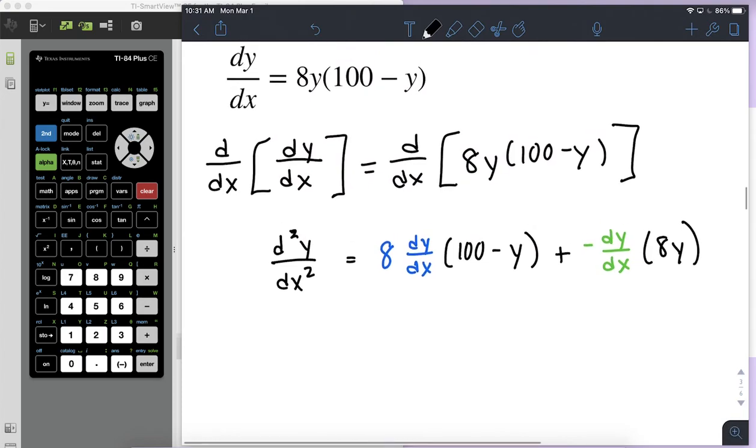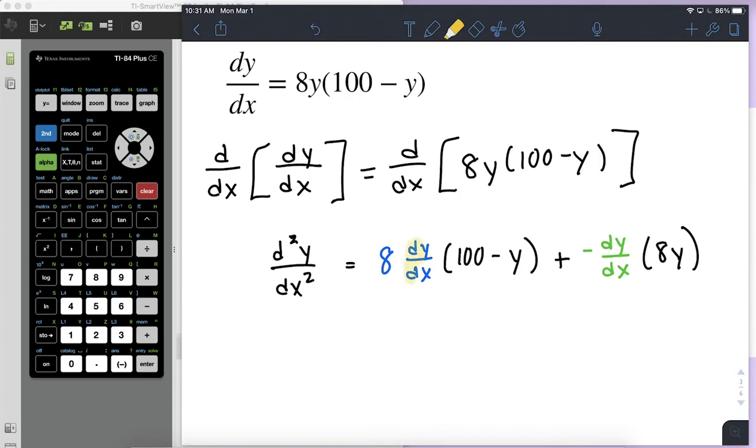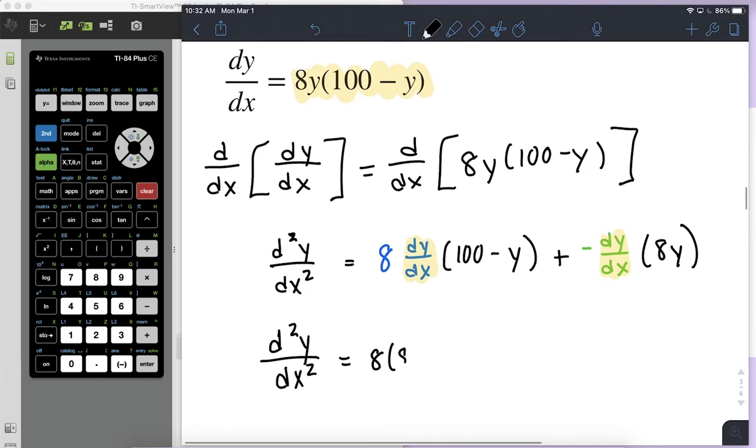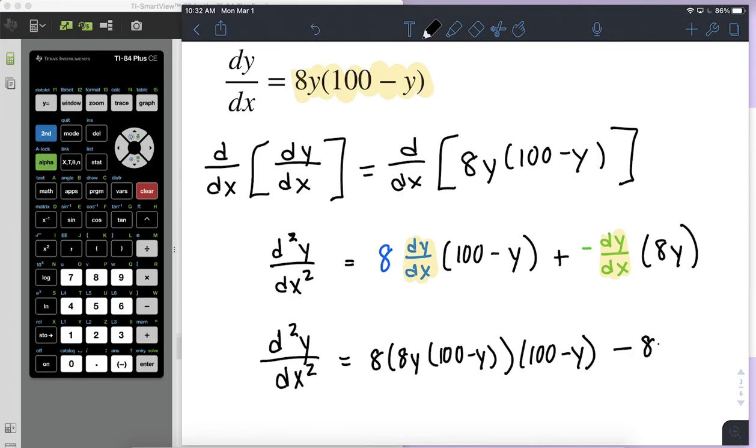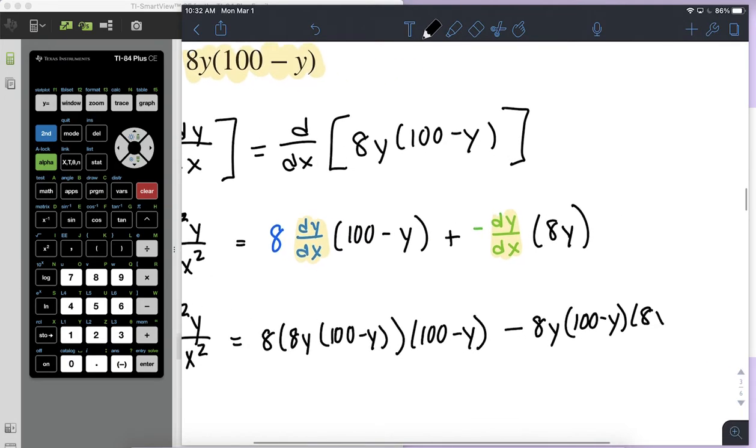So I'm going to go through, and everywhere I see my dy dx's, I'm going to replace that with my dy dx equation. So my second derivative is going to equal 8 times 8y times 100 minus y, all times 100 minus y, minus 8y times 100 minus y, plugging in my dy dx, all times 8y.